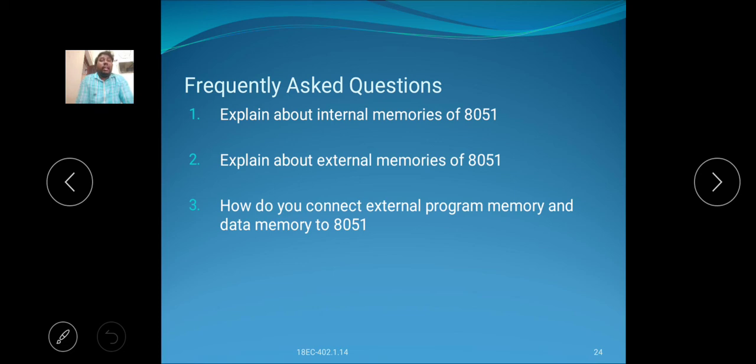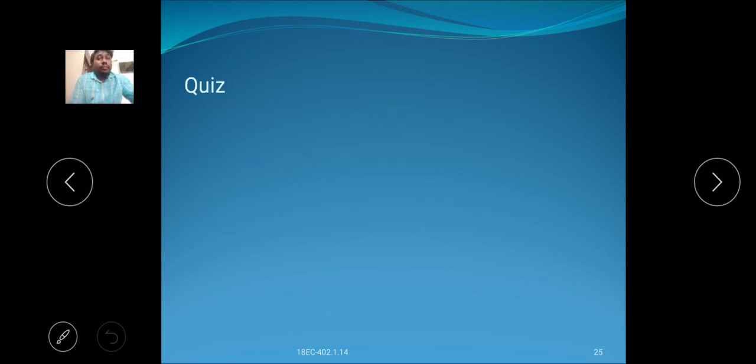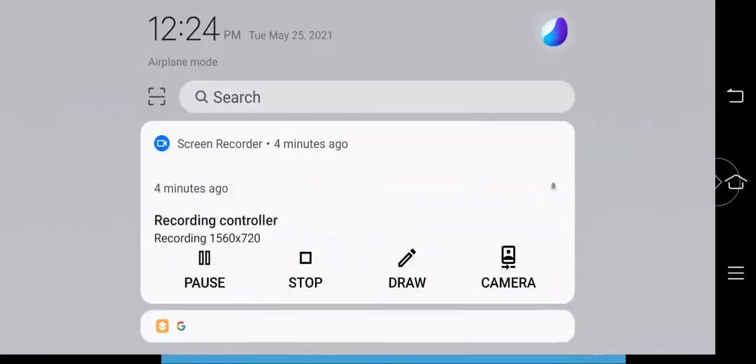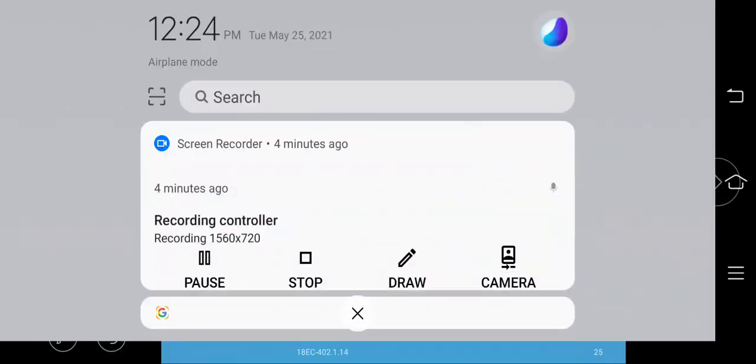Explain about the external memories of 8051. How do you connect the external program memory and data memory to the 8051 microcontroller? Next, we have some important quiz questions related to this topic.